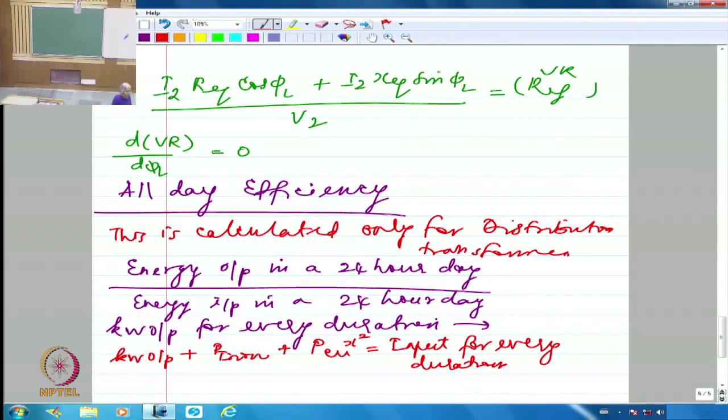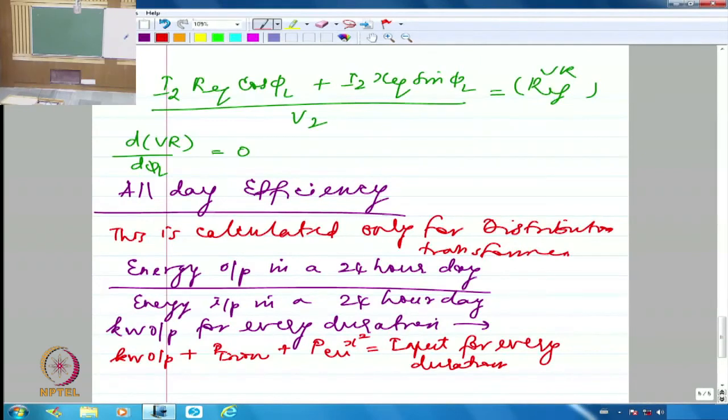Similarly, the output has to be always multiplied with the power factor if it is anything other than unity power factor. So, if I am given that for 5 hours it is working at 0.8 power factor lag with 100% load, then I have to multiply whatever is the capacity of the transformer, that is 100%, by 0.8.